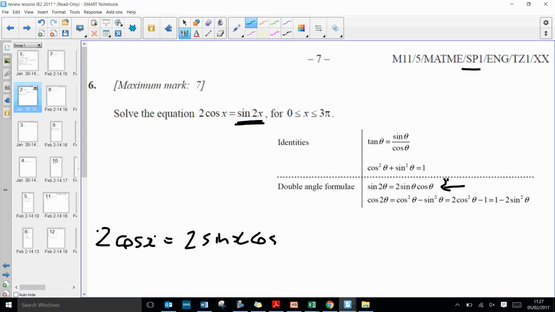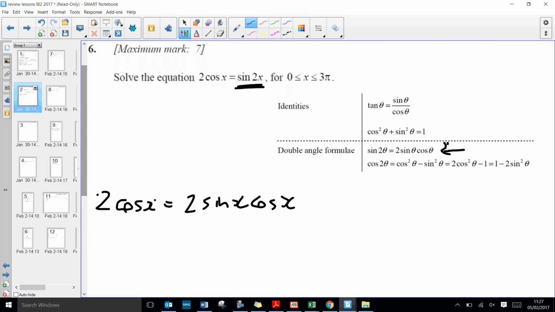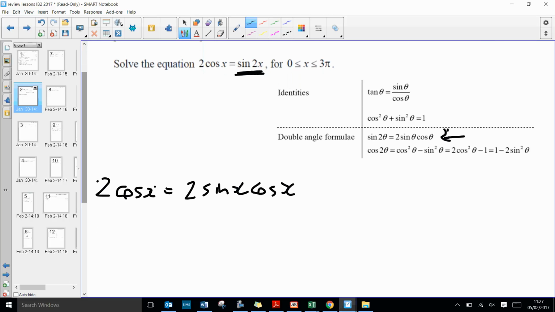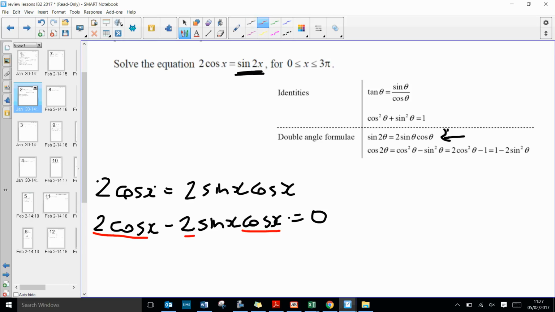Okay, I'm now going to rearrange so it's all on the same side. So 2 cos x minus 2 sine x cos x equals 0. We can see that we've got 2 cos x. It's common to both terms, so I'm going to factorise. Get left with 1 minus sine x.